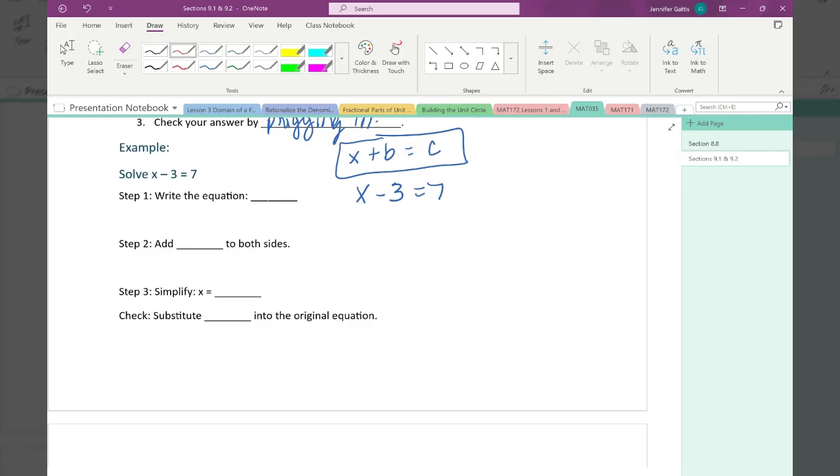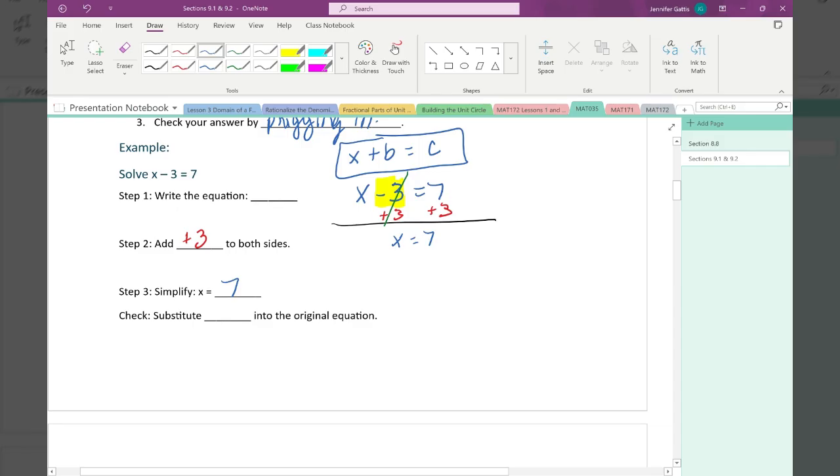So in this case, we are going to add positive 3 because our b is this minus 3. So the opposite of minus 3, plus 3. Okay? So what that gives us then is these two things cancel out. And we're just left with x equals 7. That's our simplify step. Okay?